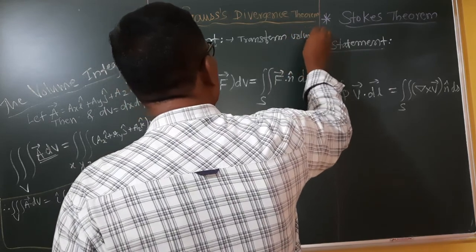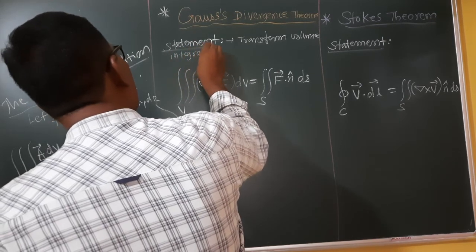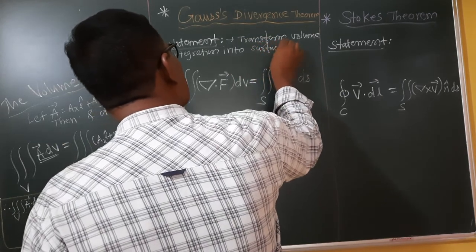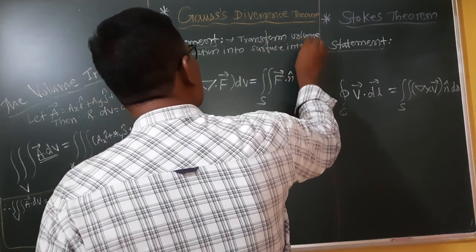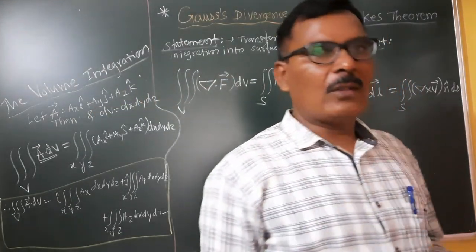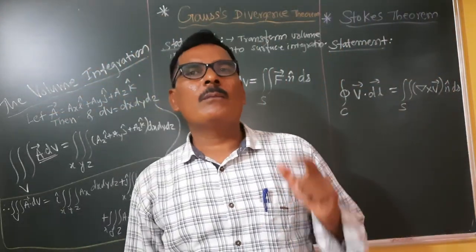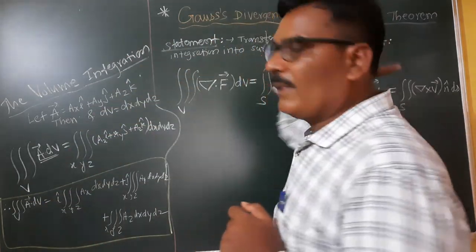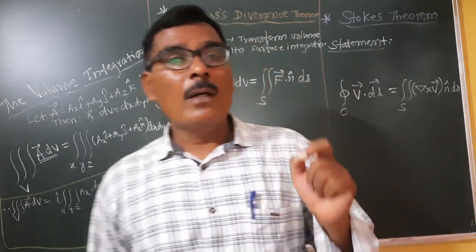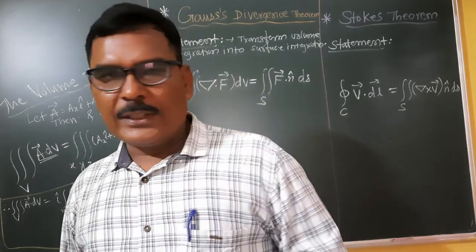Multiple choice questions may be asked on that. What is the use of the Gauss divergence theorem? The Gauss divergence theorem is used to transform a volume integration into a surface integration.